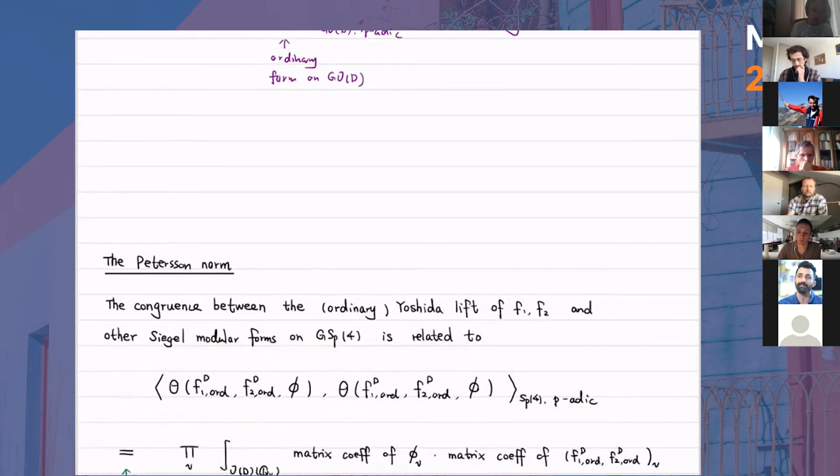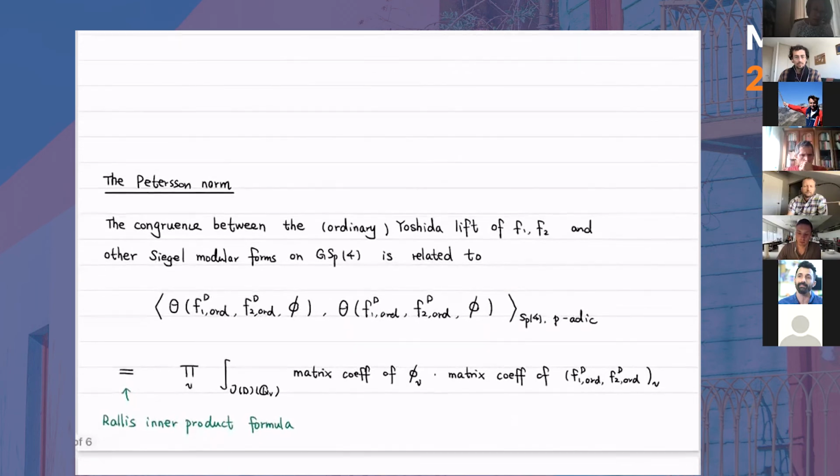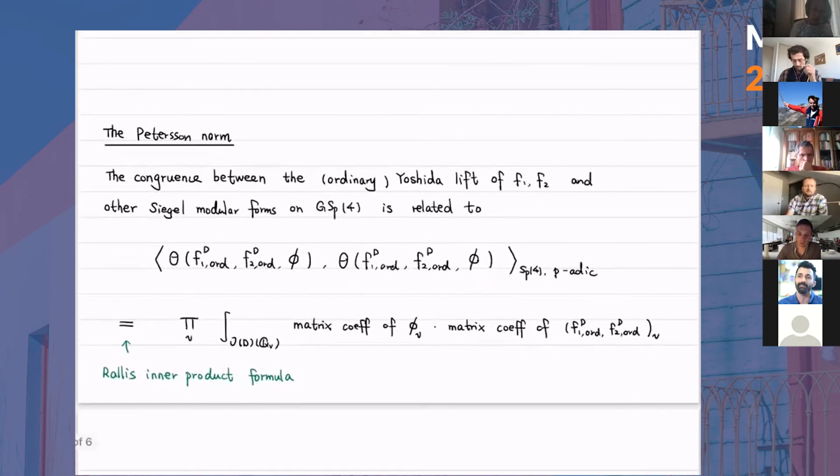And by Rallis's inner product formula, we know that this Petersson norm will factorize into a product of local integrals: the matrix coefficients of the Schwartz function for the Weil representation, times the matrix coefficients of the local representations of the quaternion algebra.